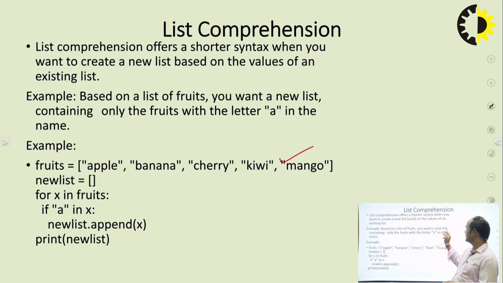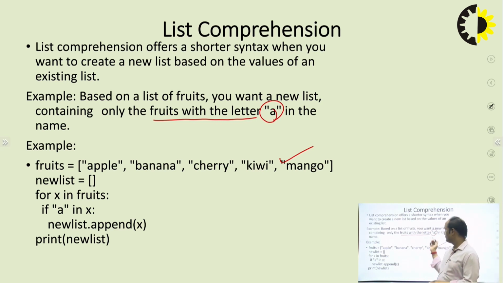You want to create a new list containing only the fruits with the letter a. How can we do it? We can do it by creating a new list, and for x in fruits, if a in x, then newlist.append(x), and print the new list. So it is called a list comprehension.